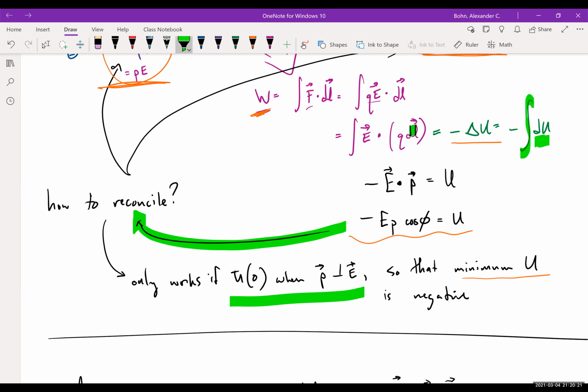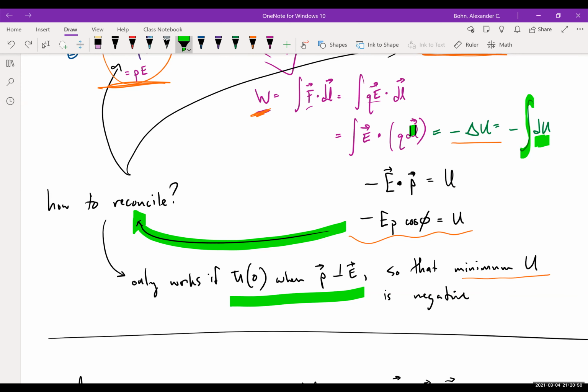We're free to choose it anywhere we like, and I think it's a really nice, elegant expression. So it's worth making the somewhat unusual choice that the stable equilibrium is at a negative potential energy, which actually isn't all that strange.